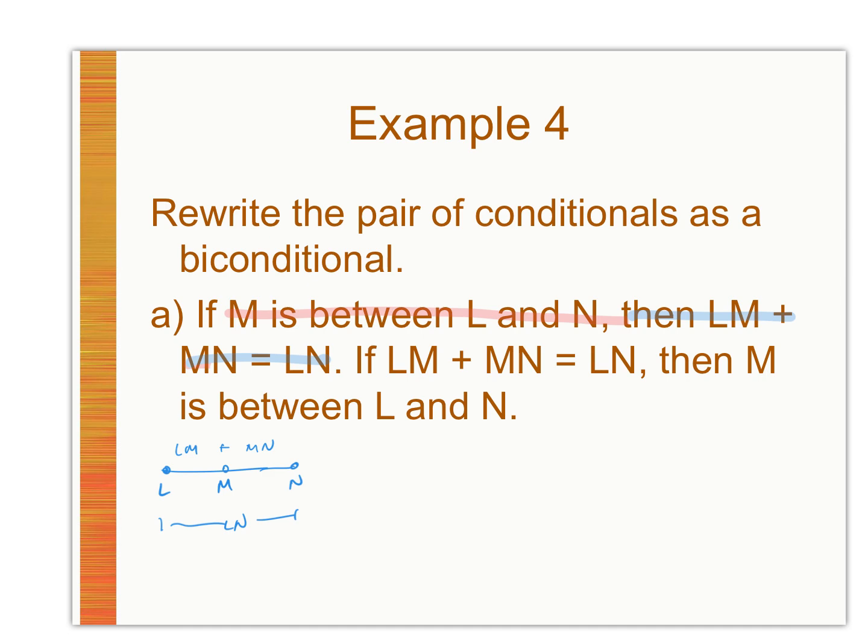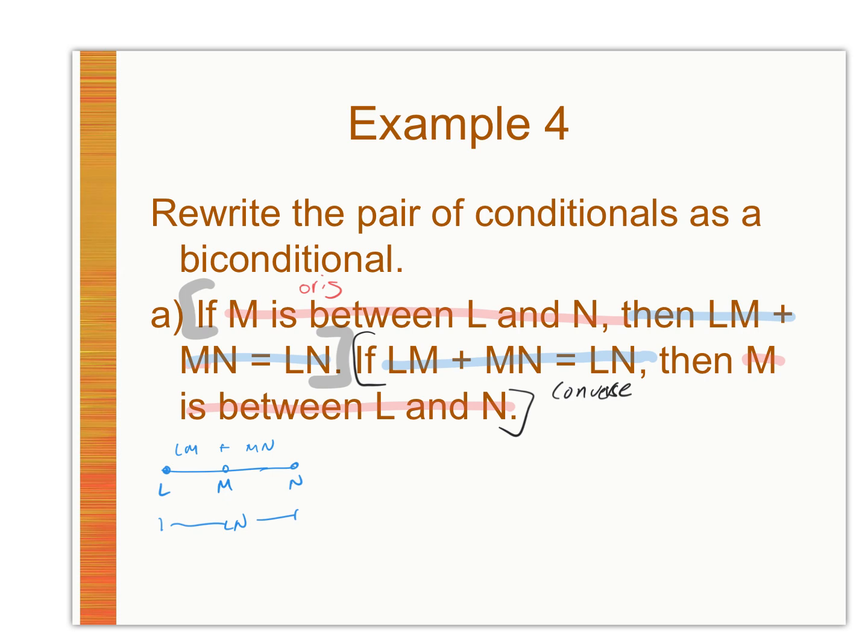They said if LM plus MN equals LN, then M is between L and N. So this is the original statement, and the other one is the converse. And we see that both the converse and the original are true.